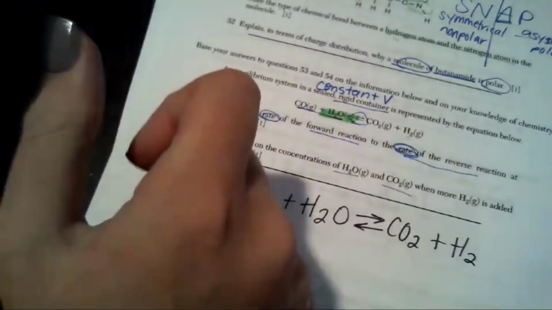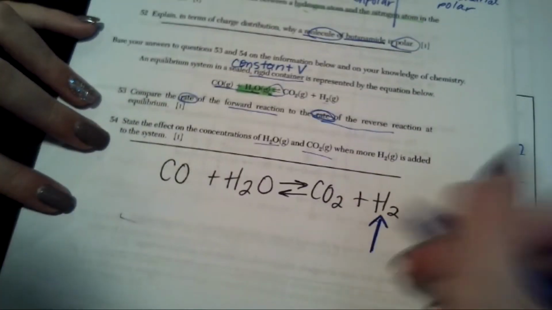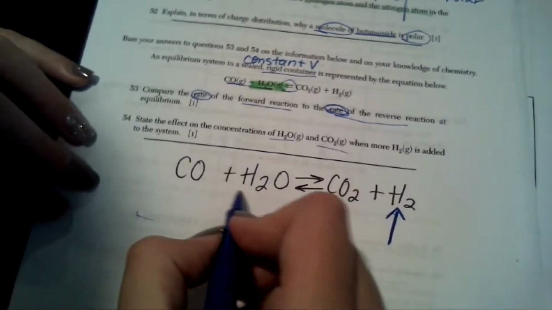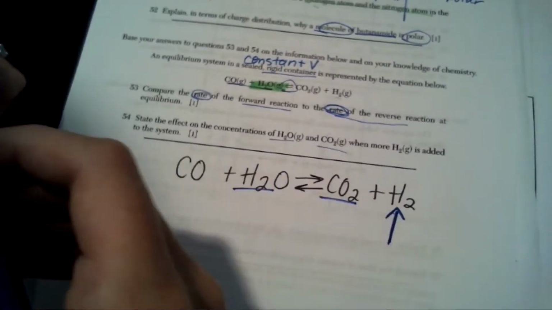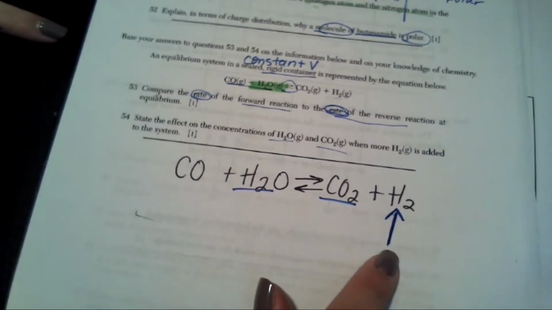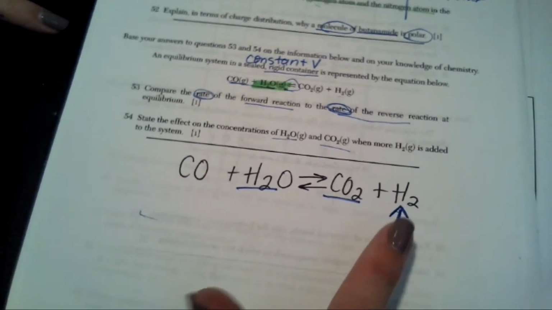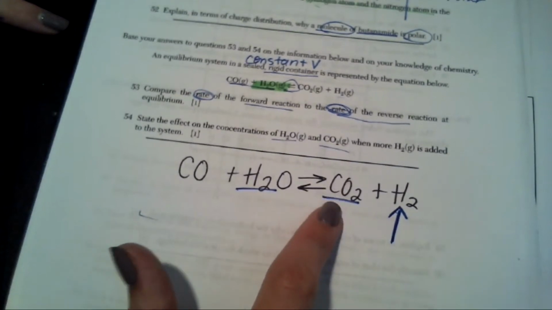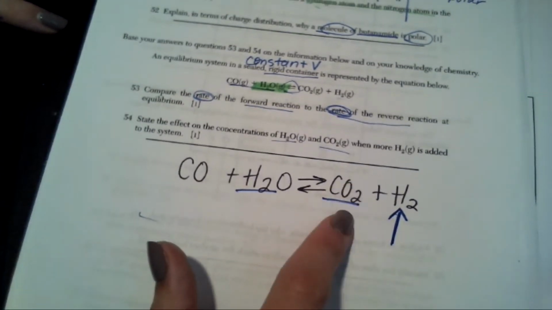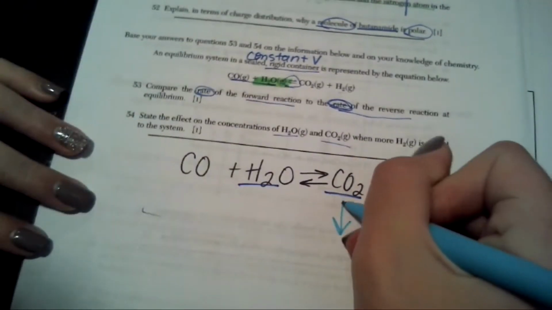This is saying I'm adding more H2. So as the H2 goes up, what is happening to H2O and CO2? Okay. If I'm adding more H2, that H2 is going to react with the CO2. And if the CO2 is being used in a reaction, its concentration is going to go down.